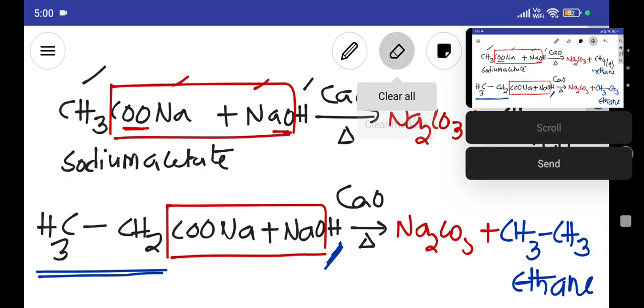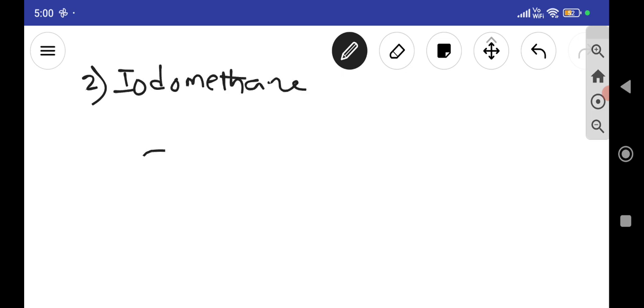Next, some other preparations are given, that is from iodomethane. Second one, if you take iodomethane, what is iodomethane? It is nothing but CH3I. So reduction, you want to add hydrogen to this.